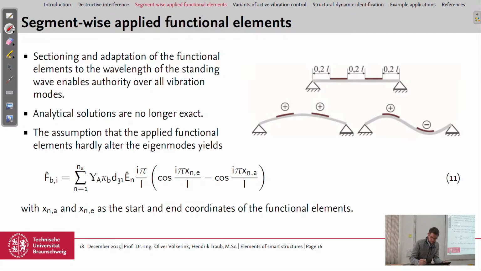And here xne and xna are the start and end coordinates of the functional element. So for the first functional element, xna would equal 0.2L, and xne would equal 0.4L. Is it right? Yeah.